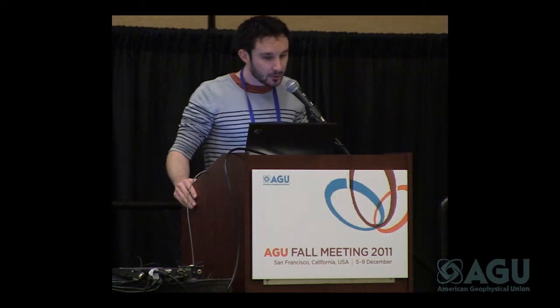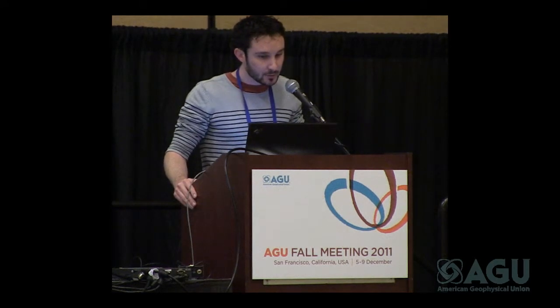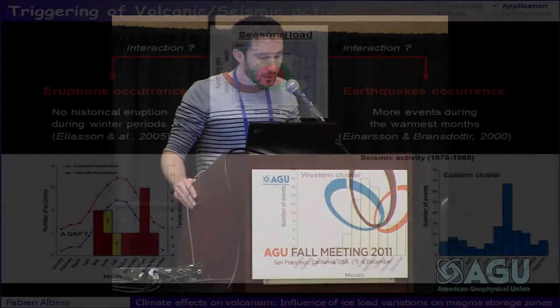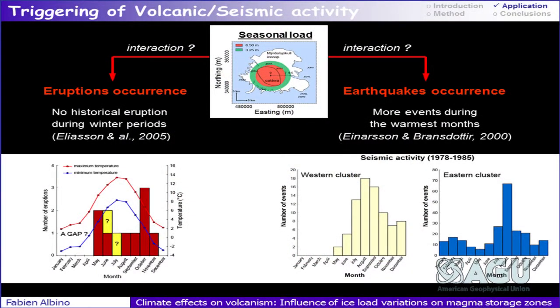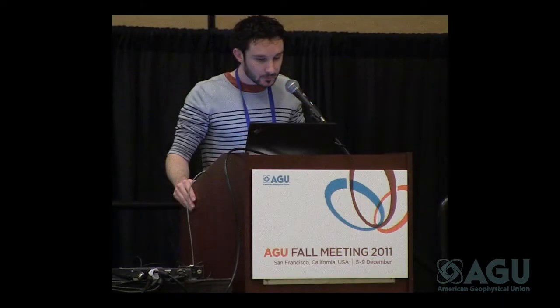And first, if we just focus on the seasonal load, it's interesting because if you look at the eruption occurrence at Katla, you can see that all of the 9 last historical eruptions occur between May and November, and you have a gap of eruption from December to March, so during the winter period.